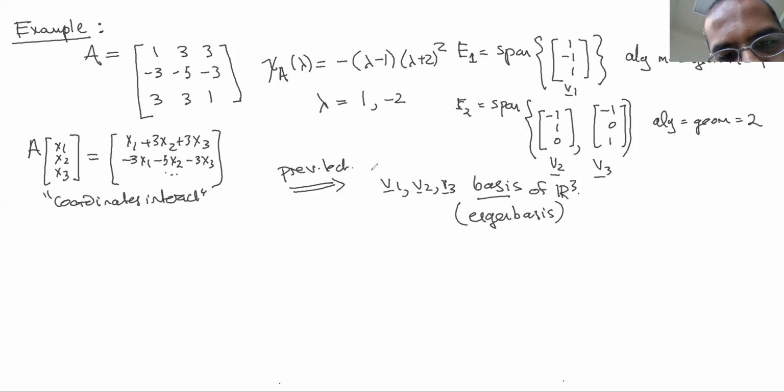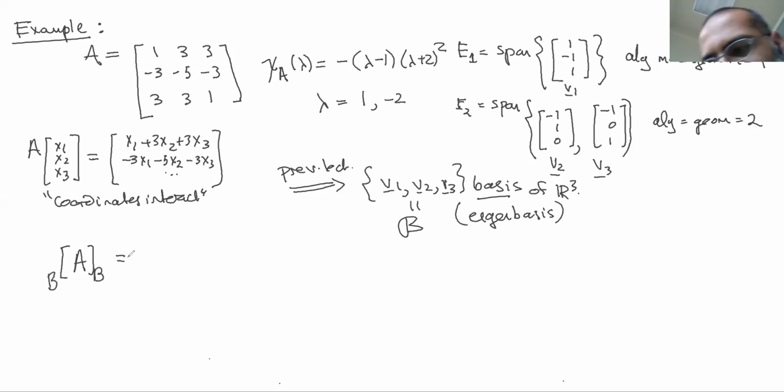But now let's write the matrix of this in the B basis, where I choose B to be the eigenvector basis. What is the matrix of A in the B basis? Well, we figured out how to do this a couple of lectures ago, right? Change of base, change of coordinates for linear transformations.